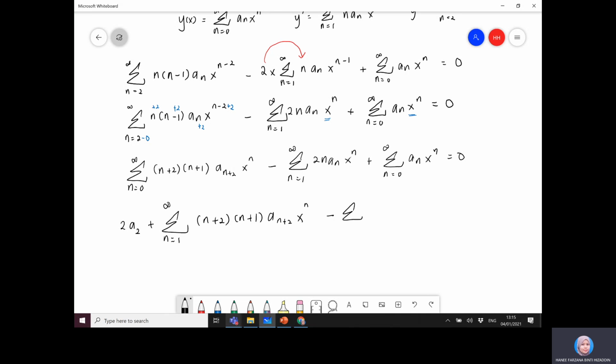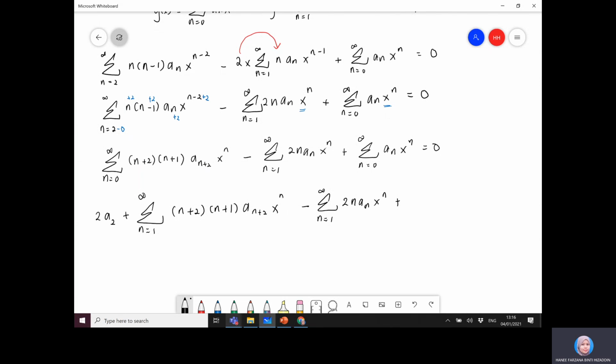The second term maintains starting at n equals to 1. And the third term, we need to take the term with n equals to 0 out, so you will have a0 out plus the remainder, which is the summation from n equals to 1.